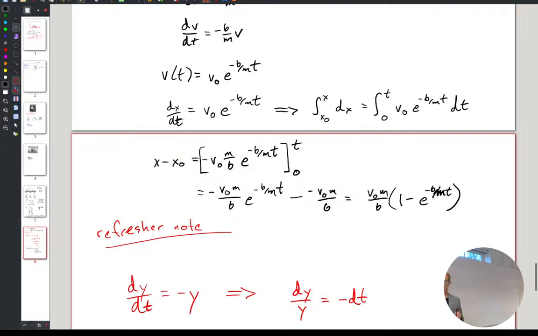So we end up with it, and it kind of makes sense that if velocity is some kind of exponential decay function, position should also be an exponential decay function. But it's not going to be a final 0 position. It's going to be some final non-zero position.